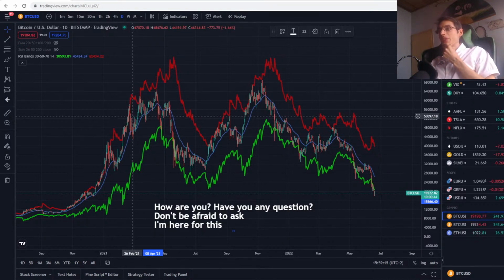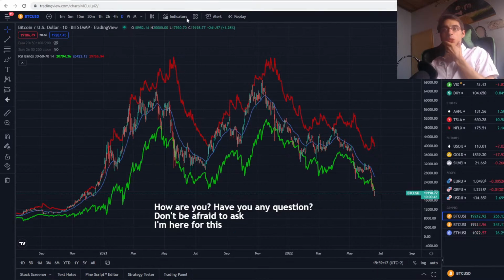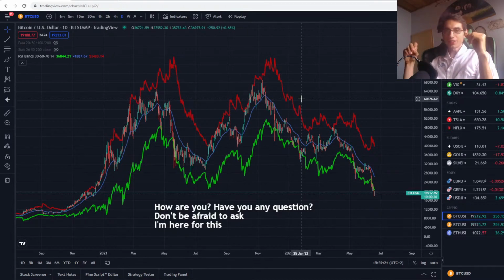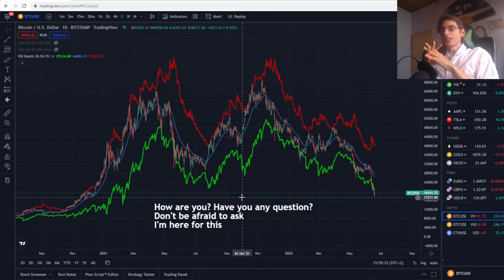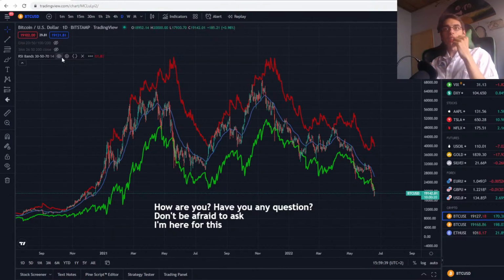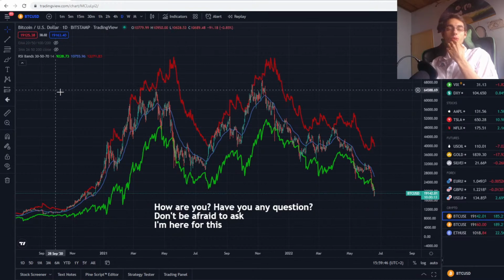For now, I've opened a new account here on TradingView, so we can take the asset's technical analysis from the beginning and maybe see what the market has for us in this moment. Starting from the basics, I have my indicators right here that are RSI bands, the relative strength index.